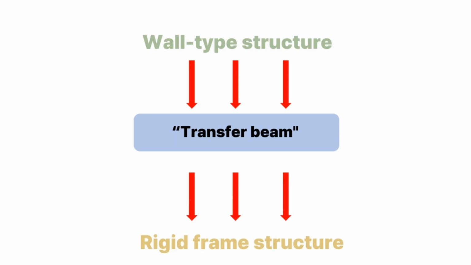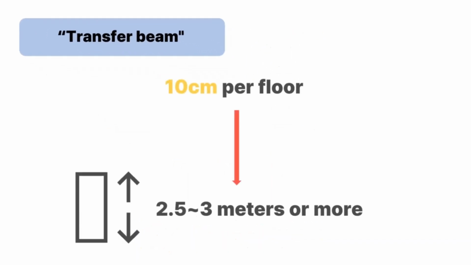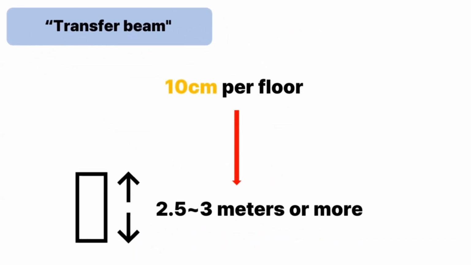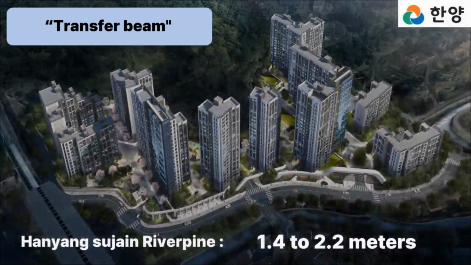This transfer beam has one significant characteristic. The depth of the transfer beam is generally designed to be 2.5 to 3 meters or more, with an approximate calculation of 10 cm per floor. In Hanyang Sujain apartments, the transfer beams are designed to be approximately 1.4 to 2.2 meters in depth.